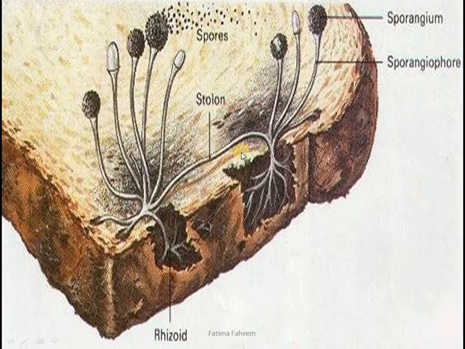Here again I have shown you the structure of Rhizopus or bread mold. Mind it that there is extracellular digestion in fungus. What does it mean actually? Extracellular digestion means that the fungus will release or excrete its digestive enzymes onto the substratum. The substratum, which is bread of course, contains starch.